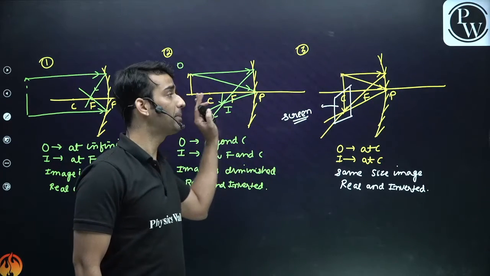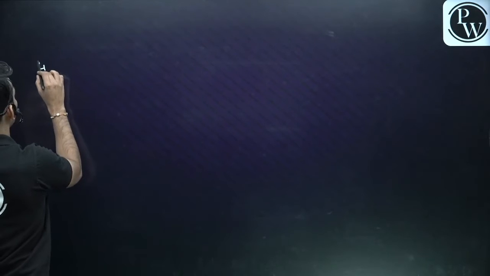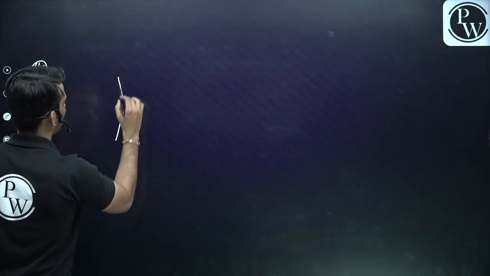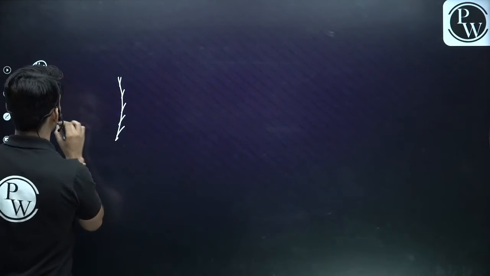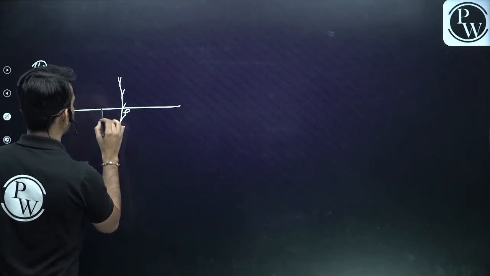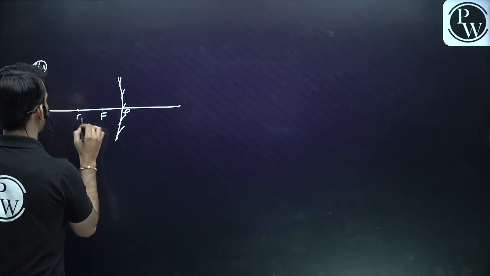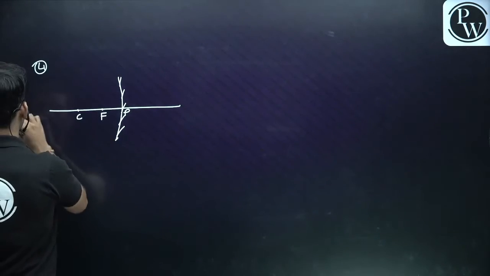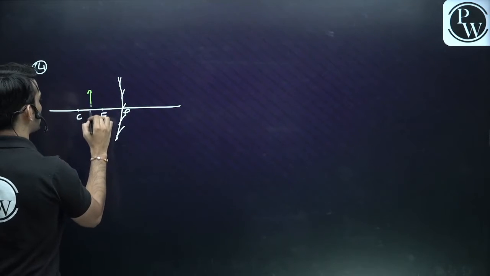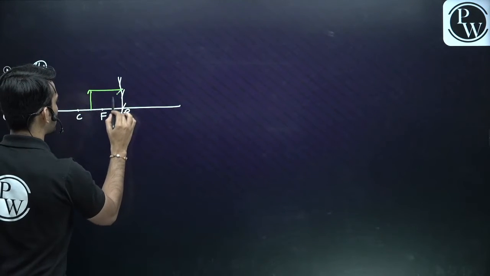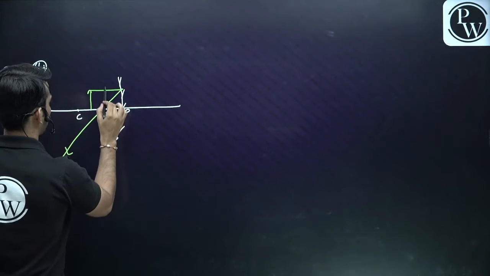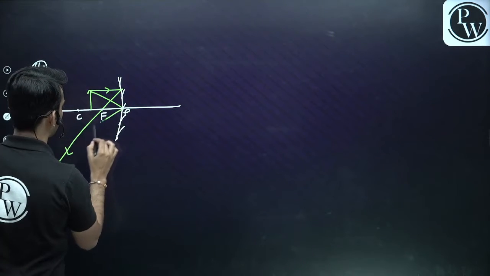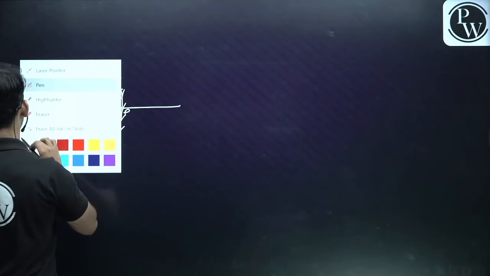Now the object will become more closer to the mirror, right? Fourth case, what will happen? Fourth case, guys, principal axis, pole, focus, center of curvature, and this is our object, more closer to the mirror. Again the same rays will be taken, right? And here again the rays will meet like this. Okay, my bad.